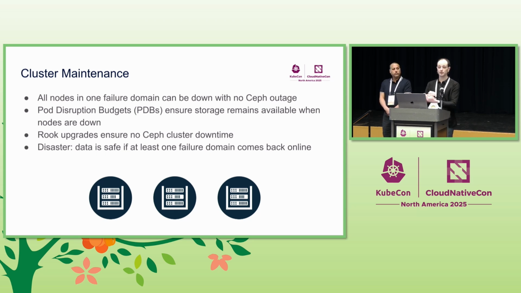Rook coordinates with Ceph when doing upgrades to make sure that there isn't going to be cluster downtime. And generally speaking, your data is safe as long as one of your failure domains comes back online in a disaster, and that's without having to do manual steps to get access to that data again.